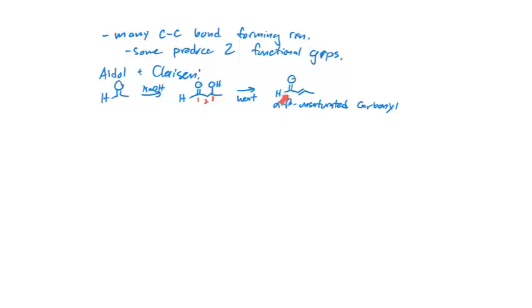I would like to point out that this is a good Diels-Alder dienophile now that we can use in subsequent syntheses. We can also use it for conjugate addition. Let's look at the Claisen reaction. With the Claisen reaction, we produce an ester with a beta ketone.